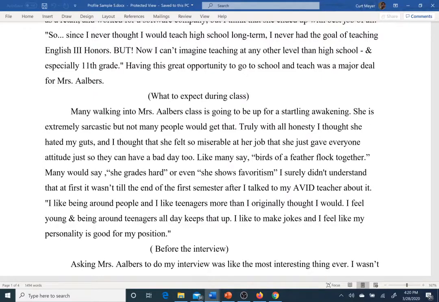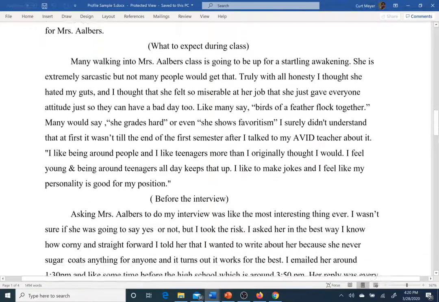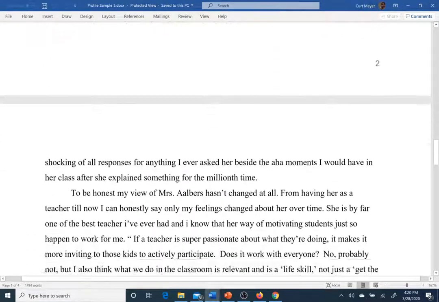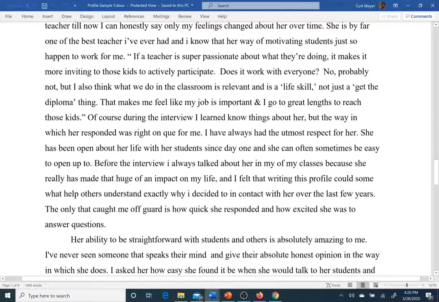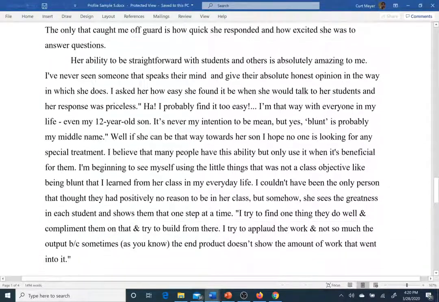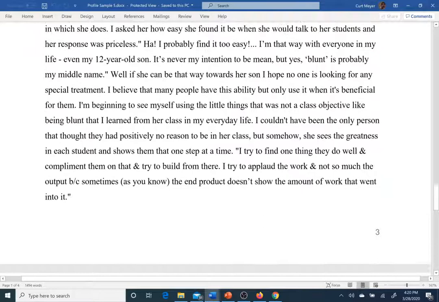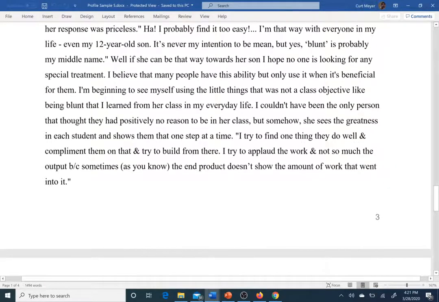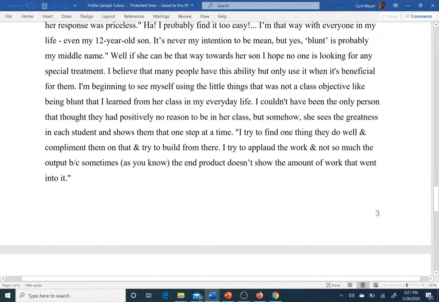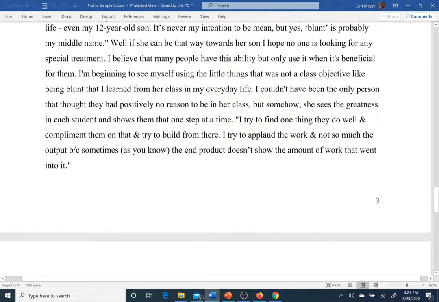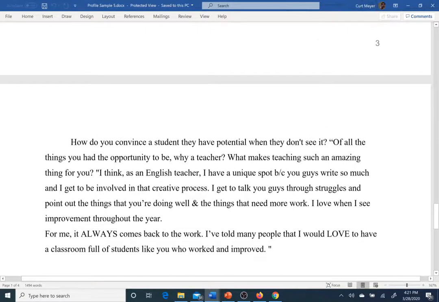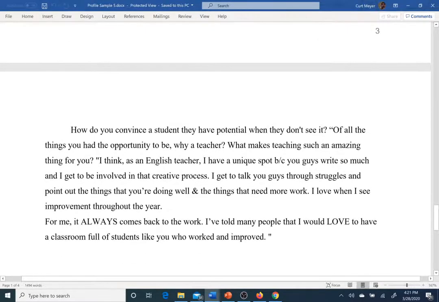So this is a nice little piece. And then we get some context for the interview, and we get a lot of reflective material interspersed with discussion of what she got out of the interview and aspects of the interview. Okay, so this is a very well written essay.